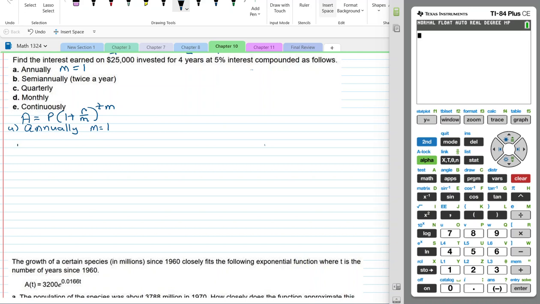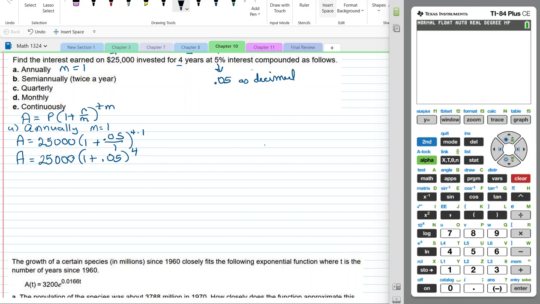So my future value is going to be the $25,000 times 1 plus 5%, which is 0.05, divided by 1, raised to the 4 times 1. All right, so I'm going to clean it up. Divided by 1 is just the same, and this is what I put in the calculator.